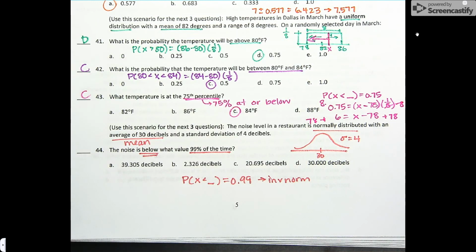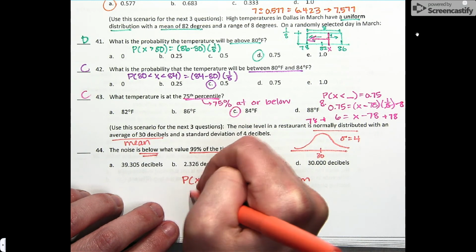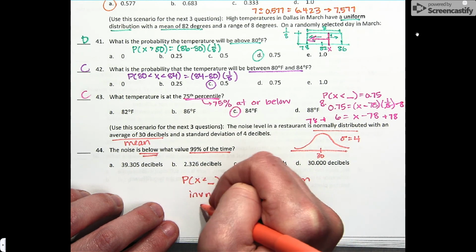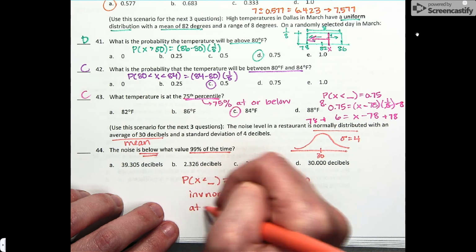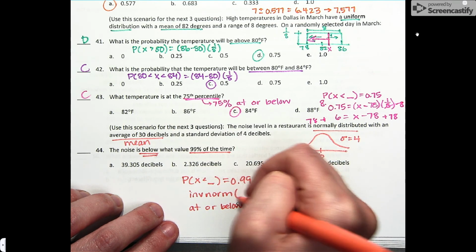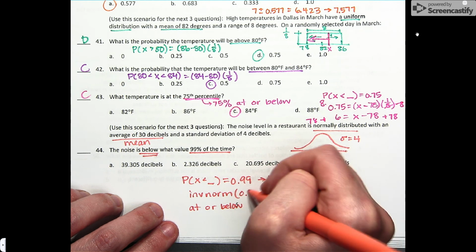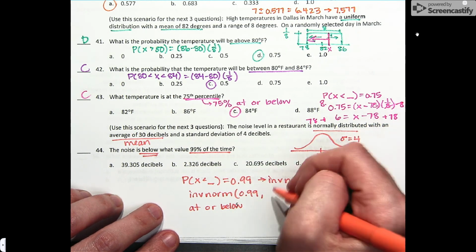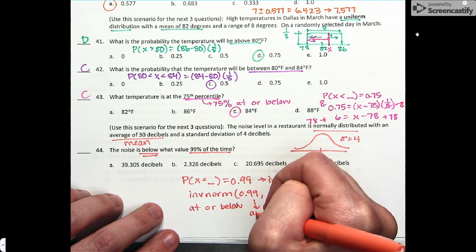So you have to remember that if you're going to plug it into inverse norm, first of all, that only works for at or below, essentially, which is what we have. The area that's shaded is 0.99. We'll talk about how we have to change that if it's not below. So that's the area.